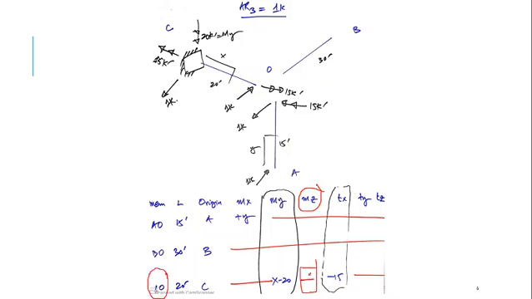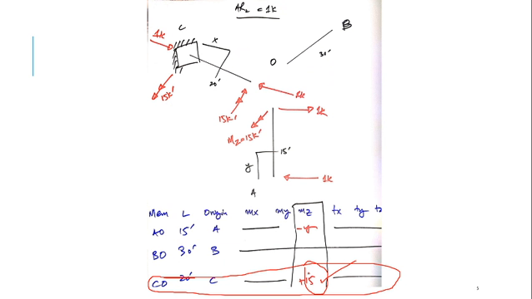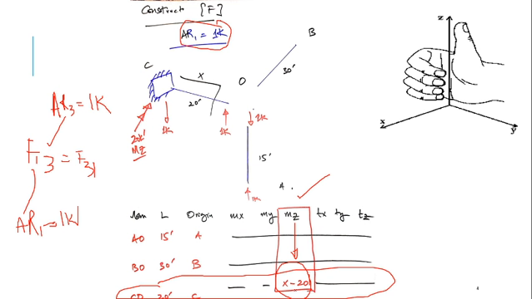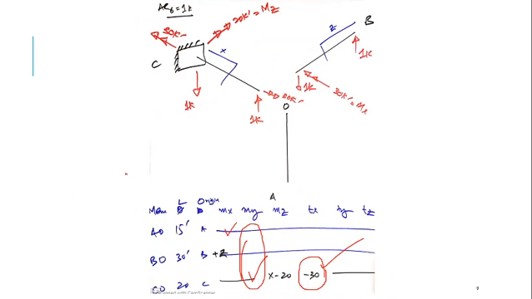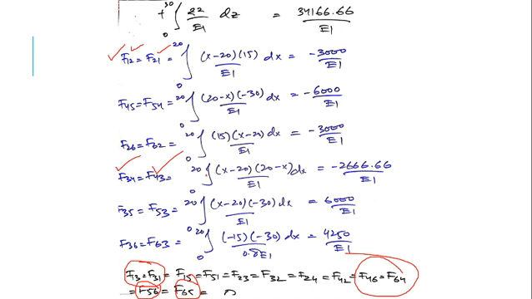It means here it is 0. So 0 multiplied with x minus 20 gives us 0. It means f13 is equal to f31 would be equal to 0. Then you have to write it in the flexibility matrix.